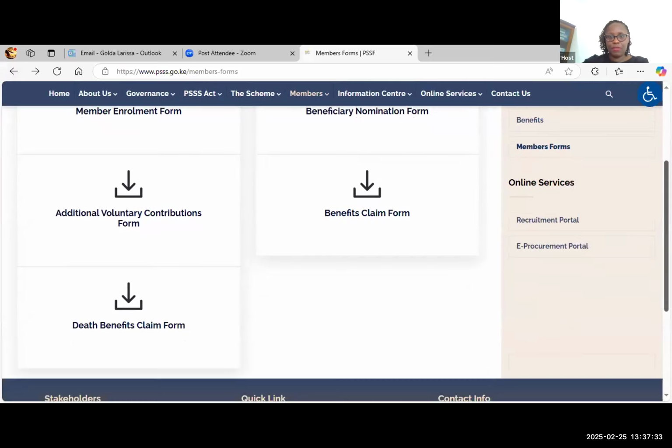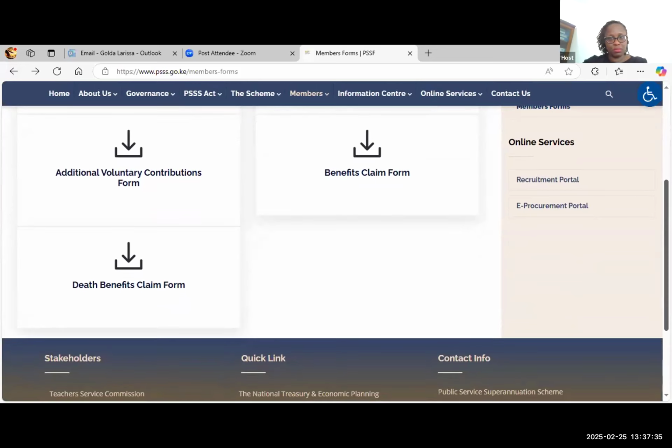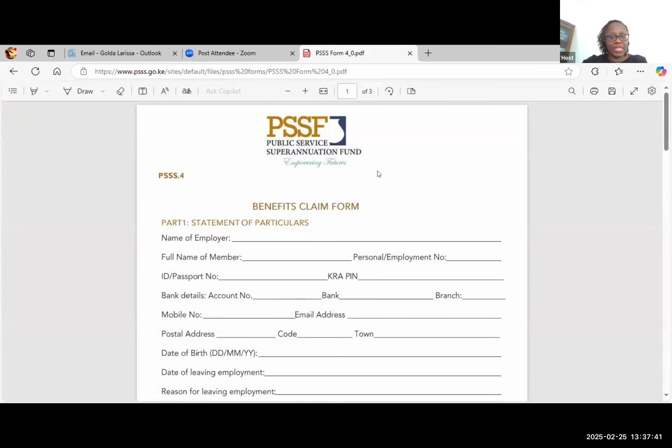So we go to the other form, important to know because it is a form that we've created, which is the benefits claim form. This form is exactly 3 pages long, but it could be 2 pages depending on how you look at it. You have left service. You need to tell us that you've left service so that we can be able to process your benefits. So this is the PSSS form, which is the benefits claim form.